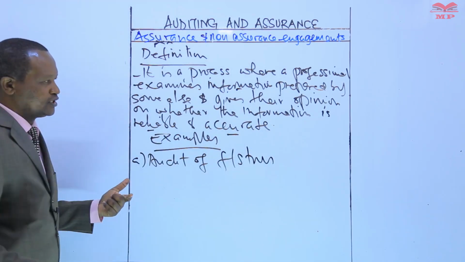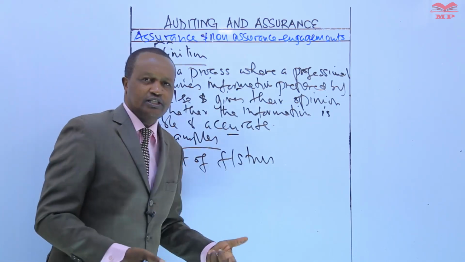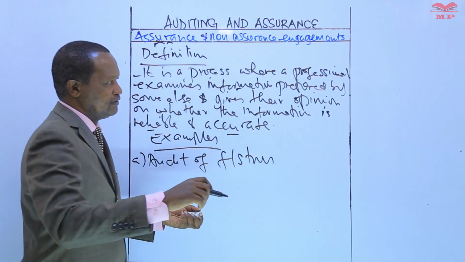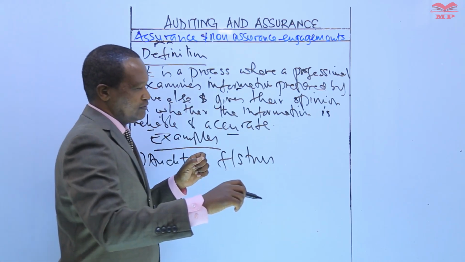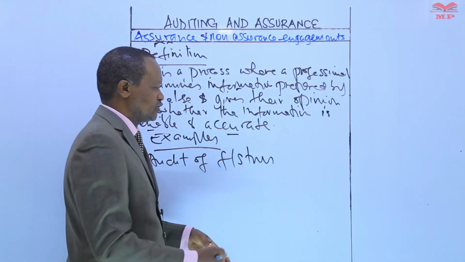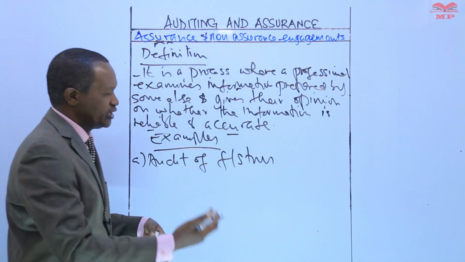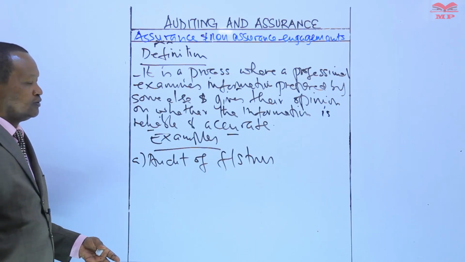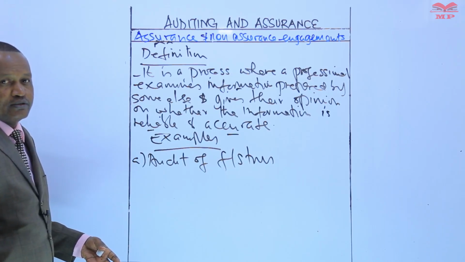Audit of financial statements. In our last chapter, we defined what is an audit, and we saw that an audit is an independent and comprehensive examination of the financial statements of an organization with a view of giving an opinion as to whether they portray a true or fair view. Okay?